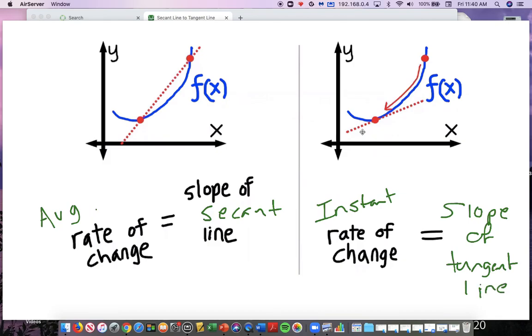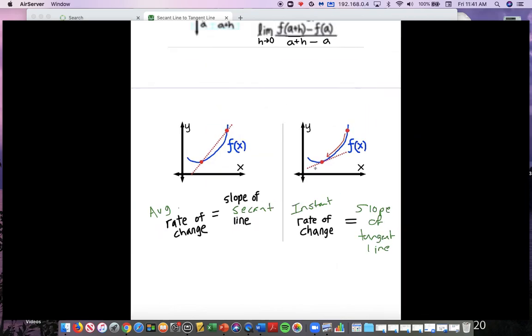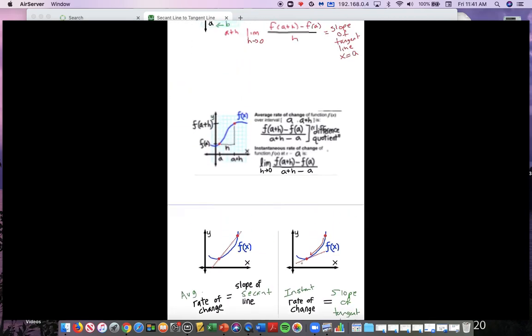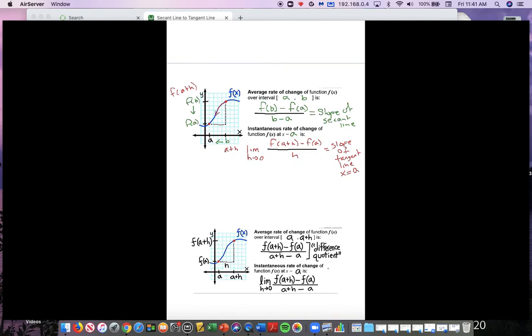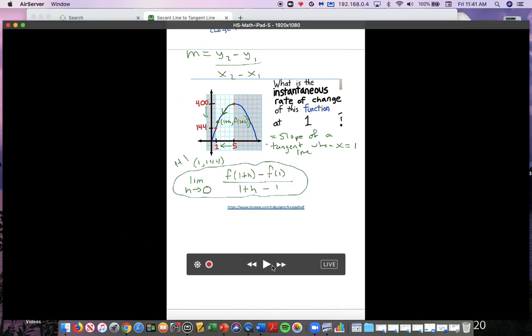This is our first idea that we're going to keep on building on of what a derivative is. And we'll talk more about that tomorrow. But the idea right now is we're just trying to get back here and squeeze these points together. Hopefully that makes some sense. The Delta Math assignment will continue to expand on this. That's it. Thank you.